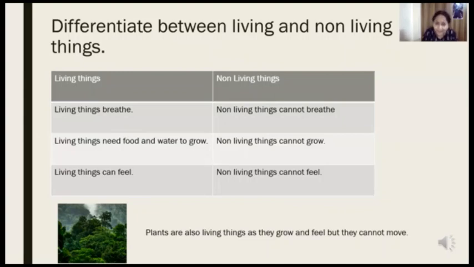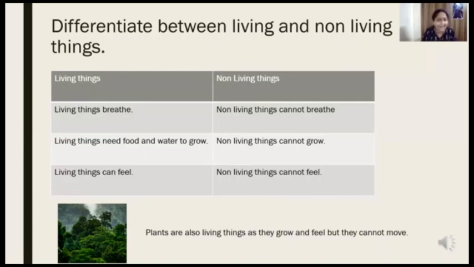Another important point, children: living things can move, but non-living things cannot move. Non-living things can move with the help of a living thing. Suppose you are playing with a ball. The ball is lying down. If you throw it, then only it can move.